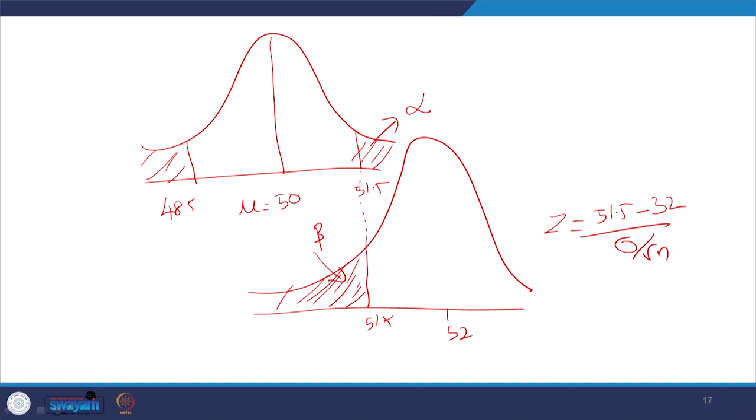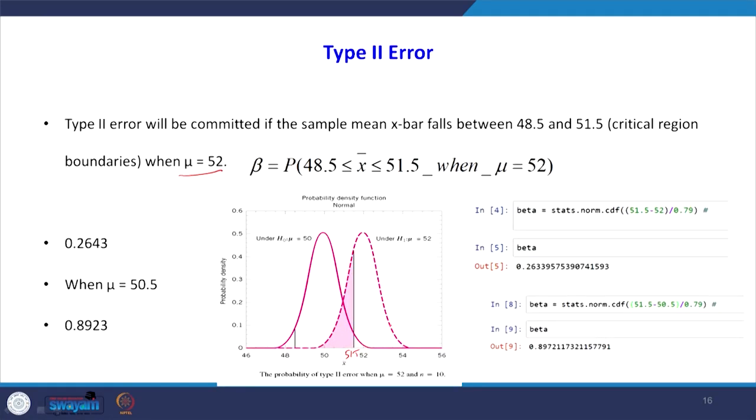So, what will happen? For this region, when z is on the left hand side, the corresponding value is your type 2 error. See that I have done that also. I am calling it beta, stats.norm.cdf, cumulative distribution function. My x value is 51.5 minus my true mean 52, divided by sigma by root n, which is 0.7.